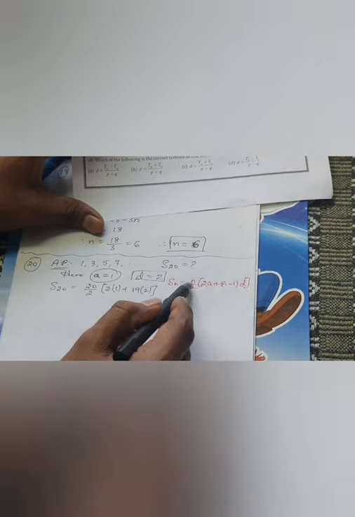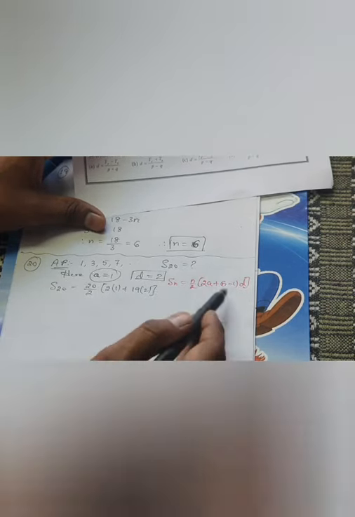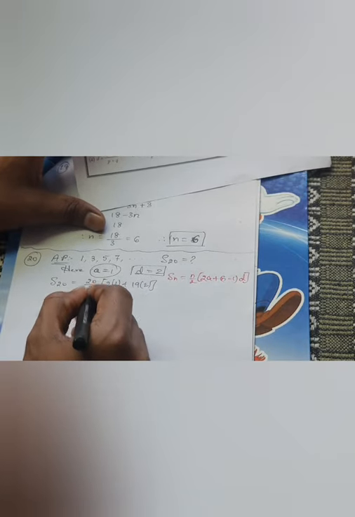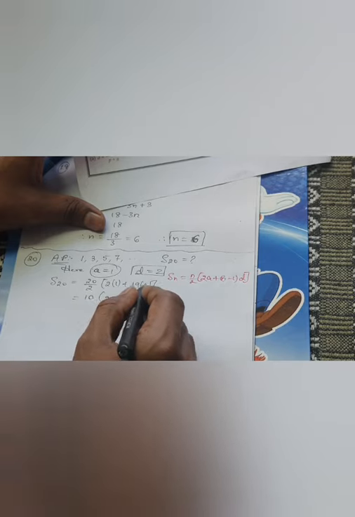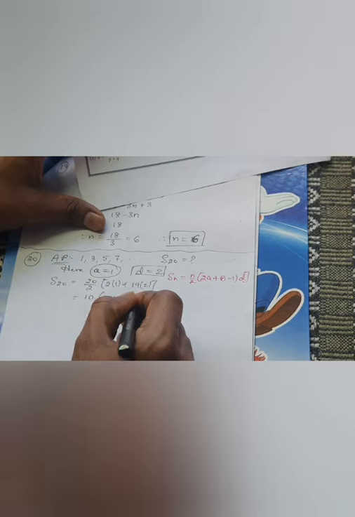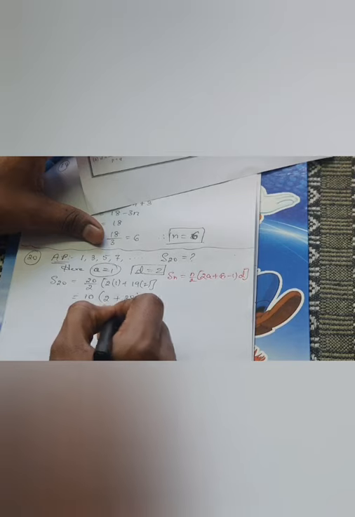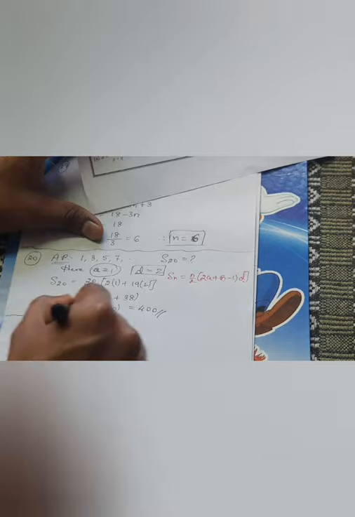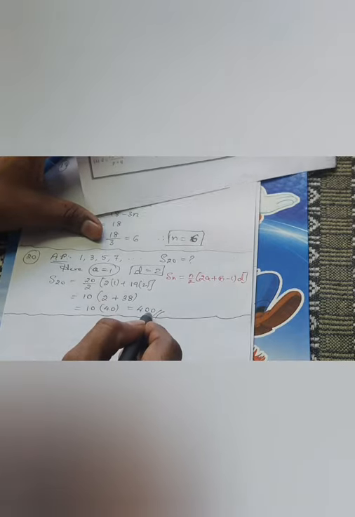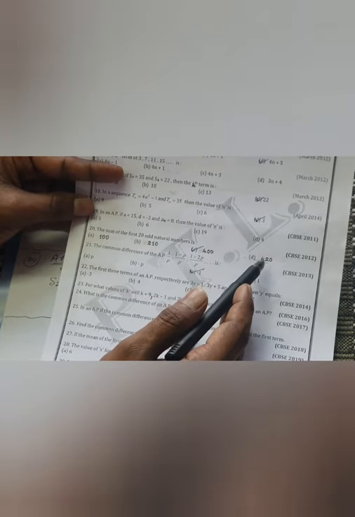So S20 is equal to 20 by 2 into (2 times a, which is 1, plus 19 times d, which is 2). 20 by 2 is 10, and 2 ones are 2, plus 19 twos, which is 38. 38 plus 2 is 40, and 40 into 10 is 400. So the sum of the first 20 odd natural numbers is 400. The options are 100, 210, 400 and 420, so the right answer is 400.